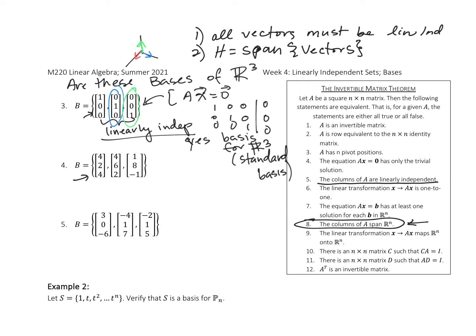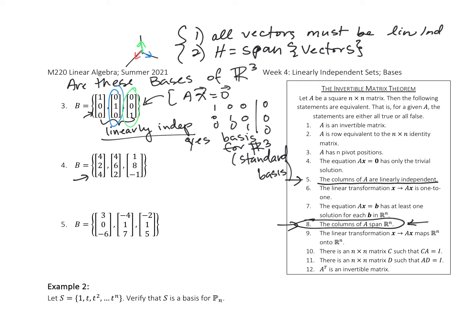I have three vectors here that represent a 3x3 matrix. If I can show that they are linearly independent, then I can say that this is a basis, right? Because I've satisfied 8 by showing 5, and both of those satisfy what it means to be a basis.